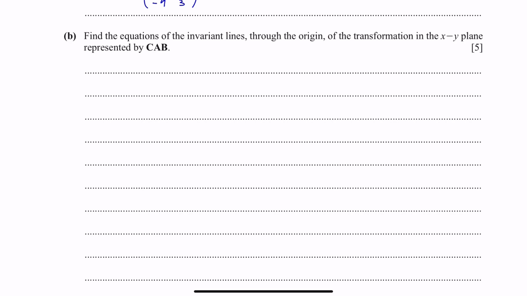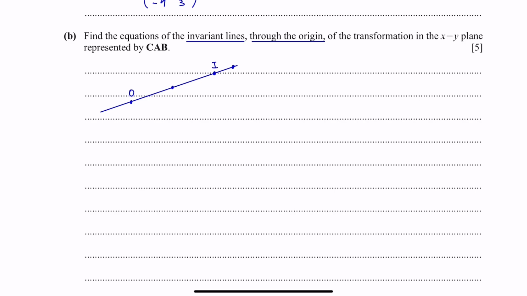For part B, we need to find the invariant lines through the origin. So invariant lines are basically that the object and the image are in the same line. So let's say O is my object. The image will be along this line, either here, here, just anywhere along the line.